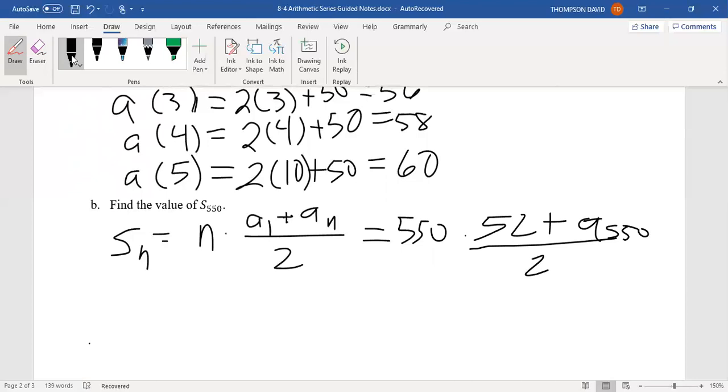To do that, what we're going to do is just plug in 50 into the equation. So we're going to say a 50 equals 2 times 50 plus 50.